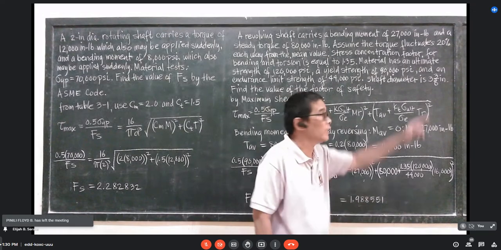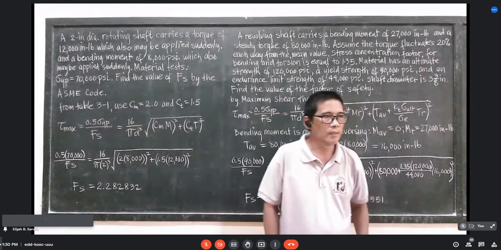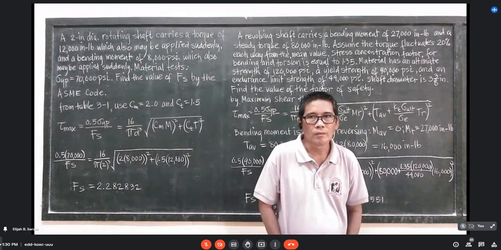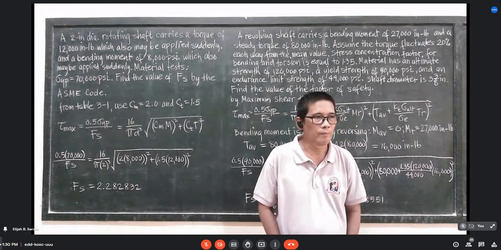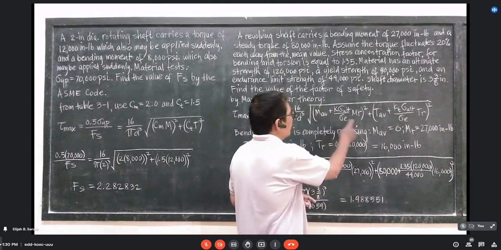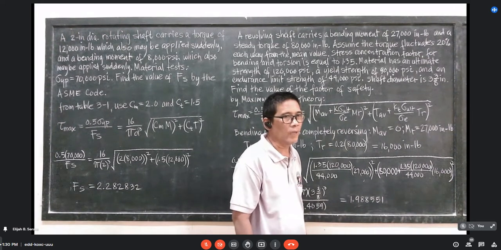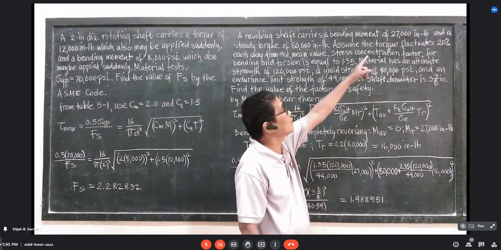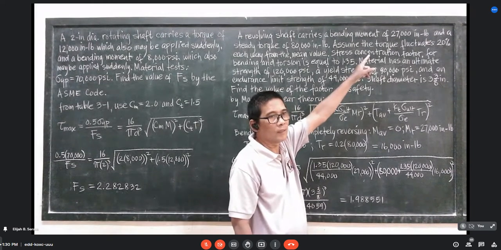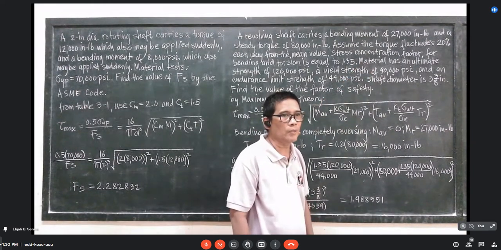So what is this figure? Is it for the average or the range moment? Why is it range? It does not fluctuate. 27,000.